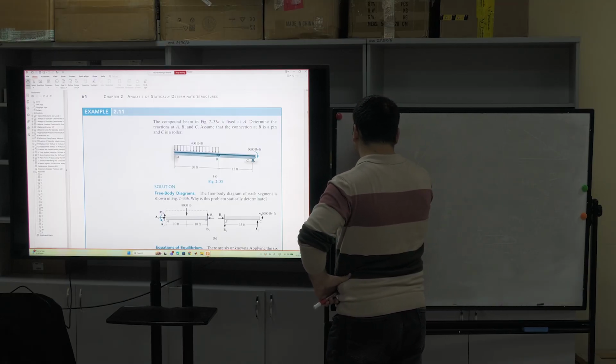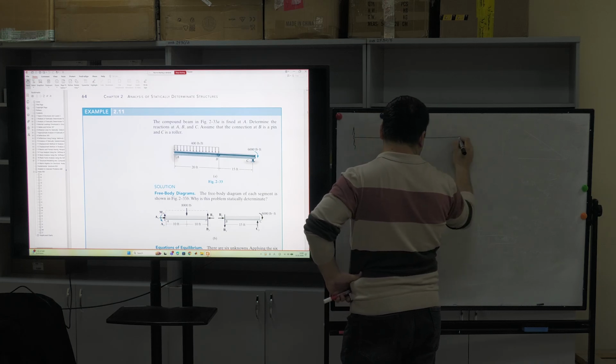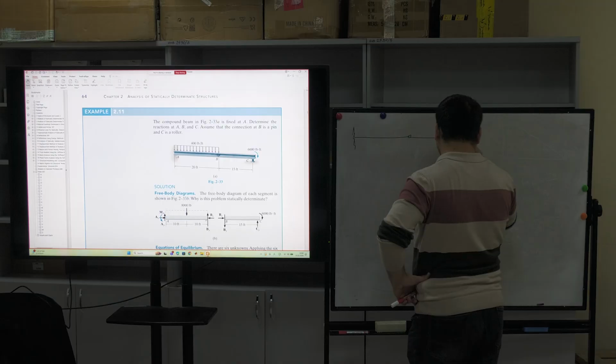Okay, we have a fixed support, 1 beam and 1 internal hinge, and another is a roller support like this.